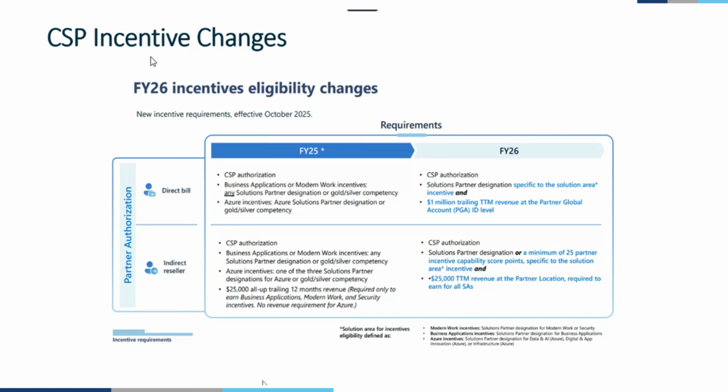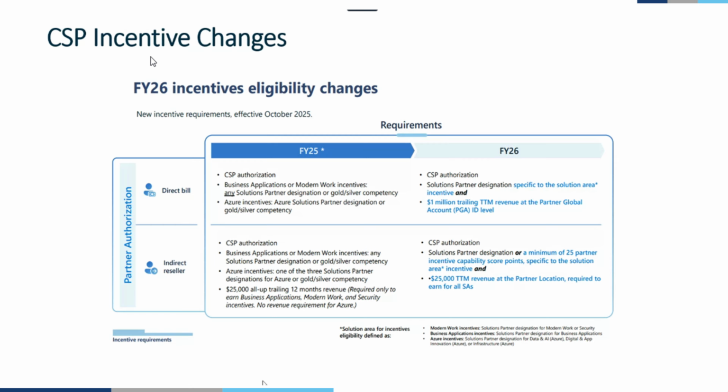Yeah, great, thanks. Additionally, I'll point out that as an indirect partner, they've changed the requirement. You only have to meet 25 points of the 70 points for solution designation and meet a specific trailing 12-month revenue, I think it's 25,000, in order to get some of those incentives.